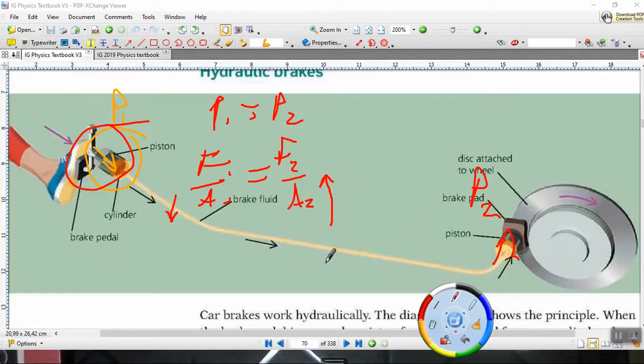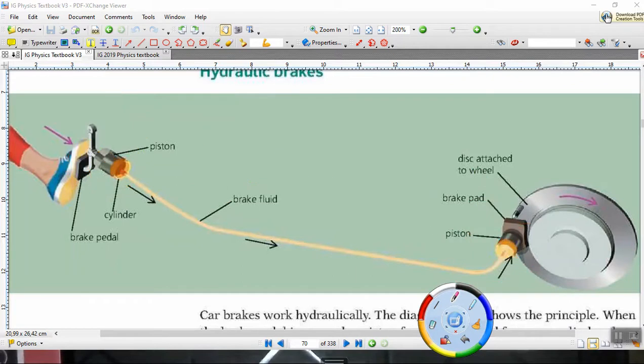Because I am changing the areas of the cylinders, making a bigger cylinder there and a smaller cylinder here, a small force over a small cylinder gives me a pressure, and then it applies with the same amount of pressure a big force over a big area, and then I can physically increase my force which I used to stop the car.